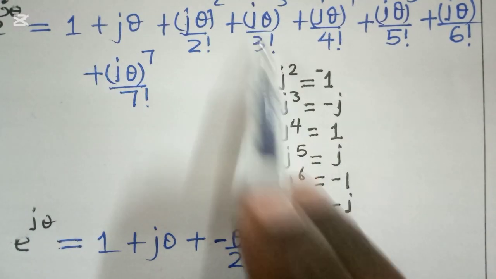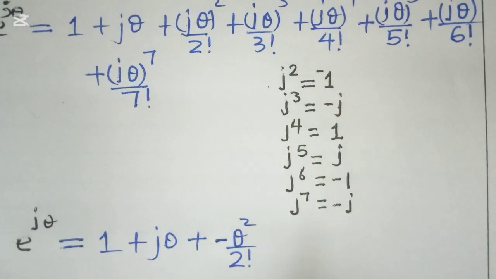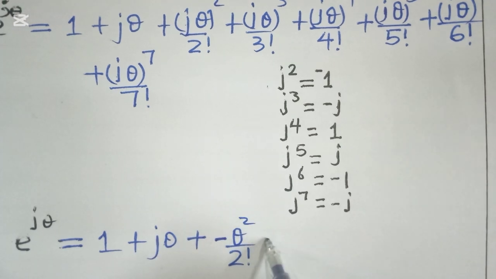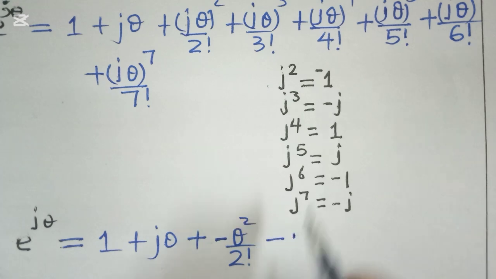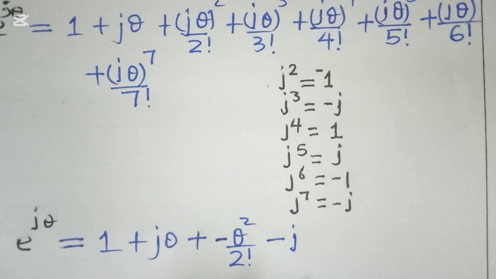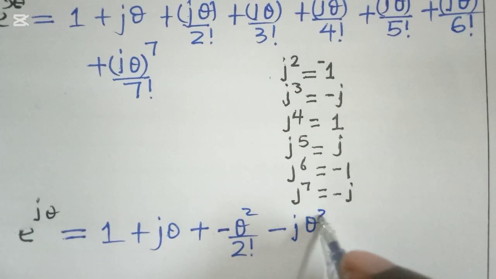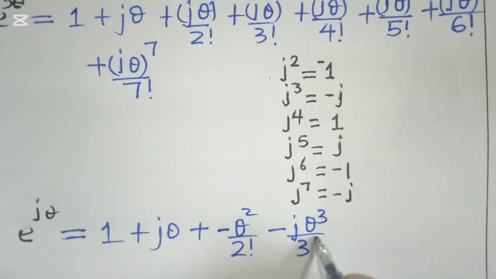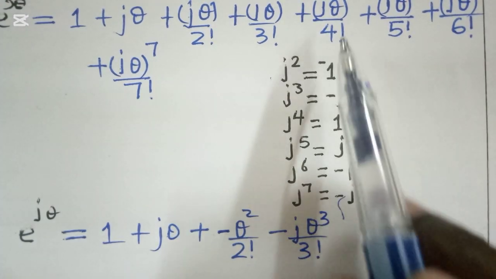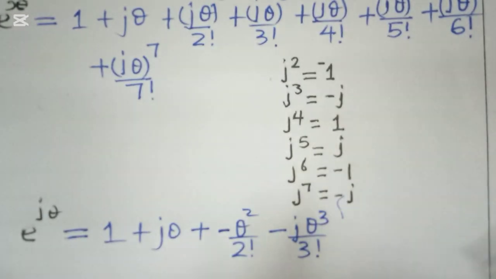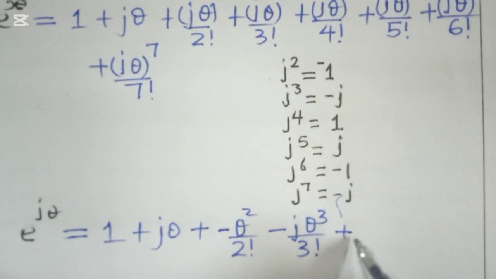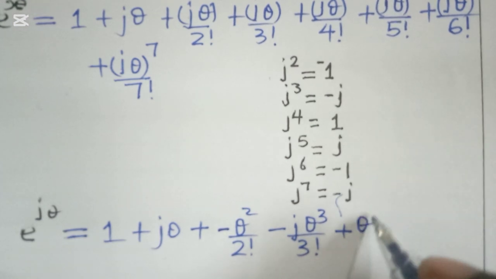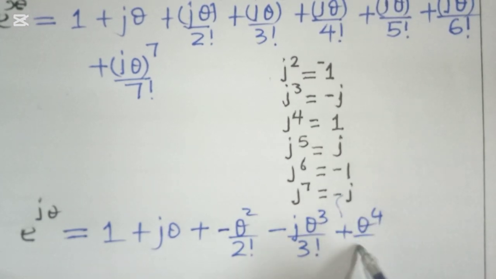Guys, we come here where we have j cubed. J cubed will give us negative j, that is negative j theta cubed all over 3 factorial. Coming to 4, we are going to have plus theta raised to 4 all over 4 factorial.